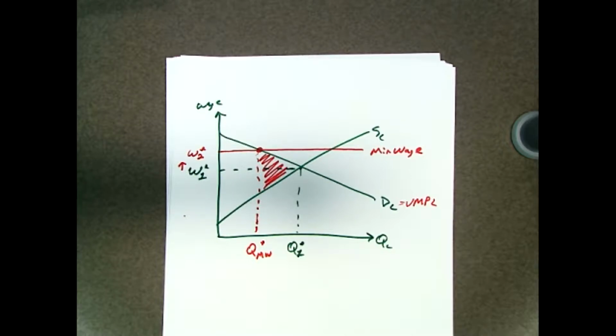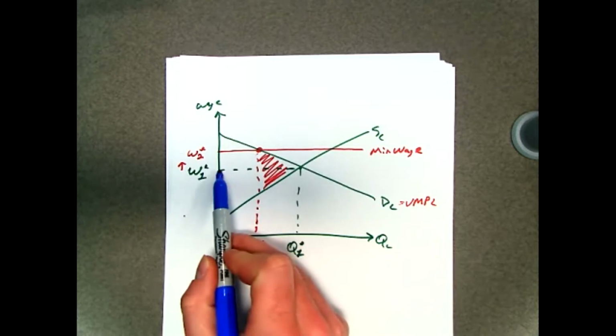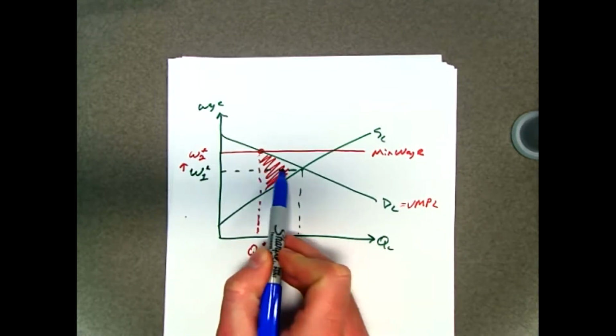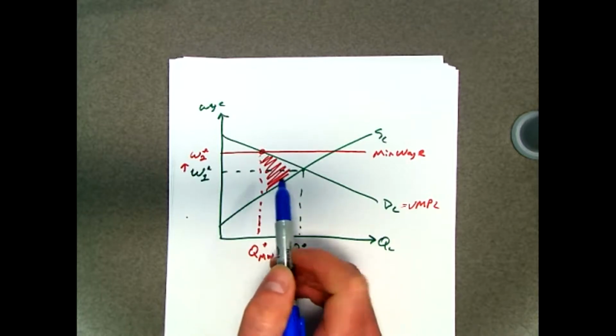Any questions on that? Yeah. Okay, good question. Yeah, so before, producer surplus would have been the area under the wage, or under the price, but above the supply curve.